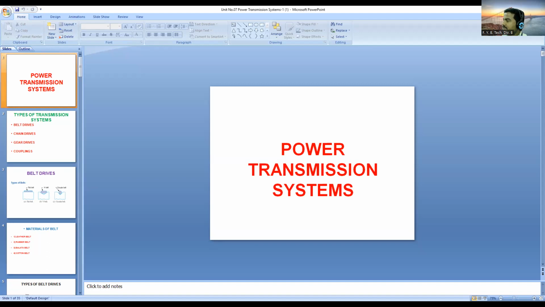In the conveyor system we are using it, or maybe a very long time back we were using flat belt for the flour mill. So for flat belt, whatever belt we can select is leather, cotton fabric, or rubber. This kind of material will be preferred for the flat belt.